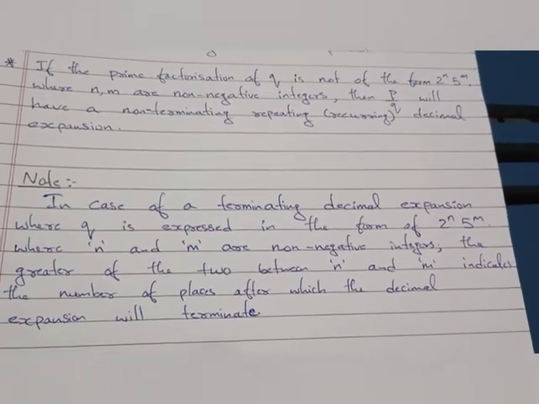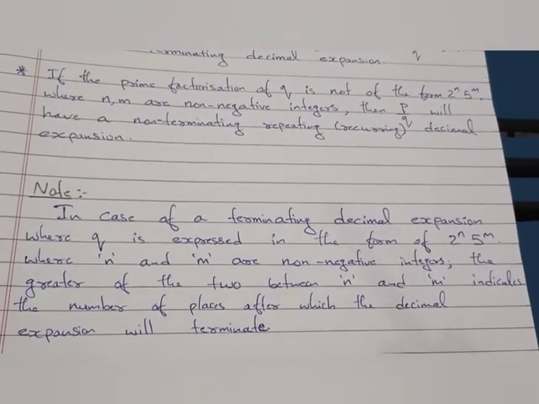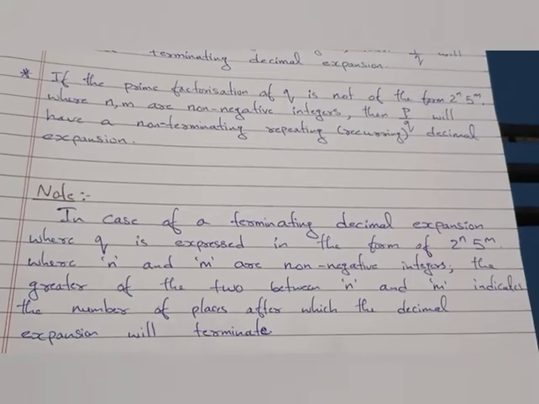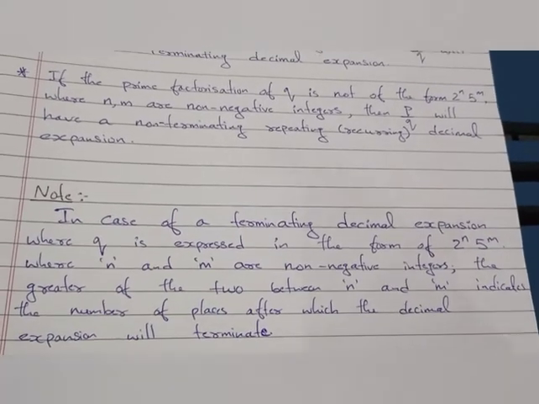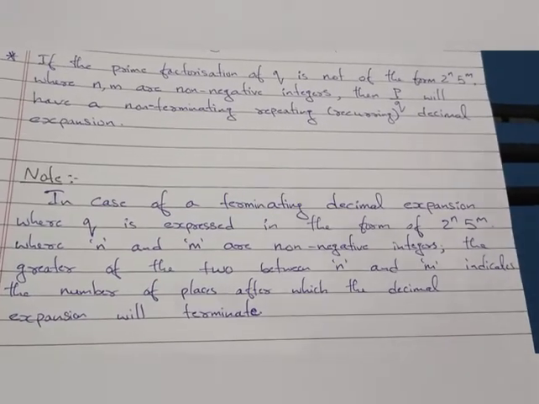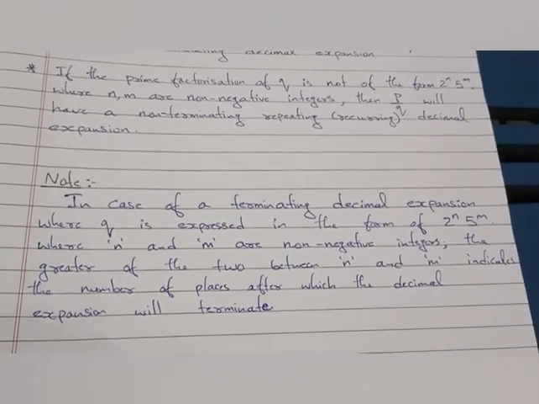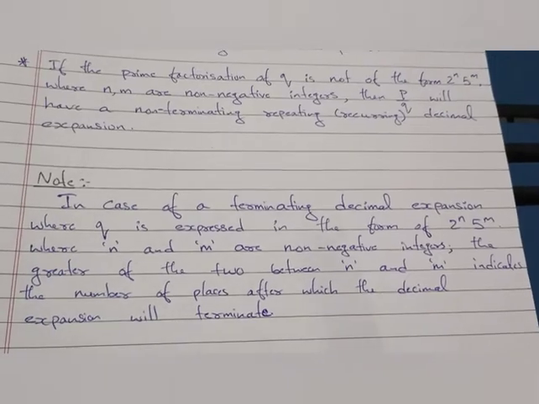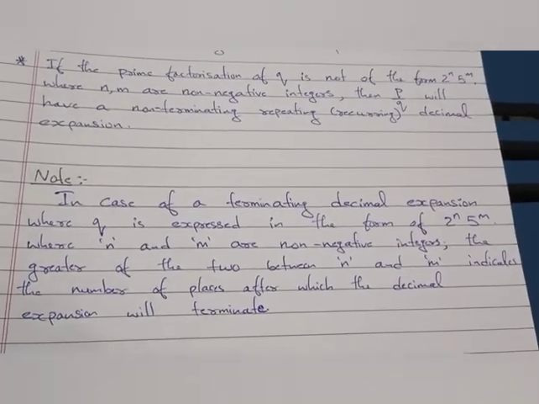For example, if we have q in the form of 2 to the power 2, 5 to the power 3, 3 being the greater number indicates the decimal expansion will terminate after 3 decimal places. Now let's check some questions in order to understand this properly.